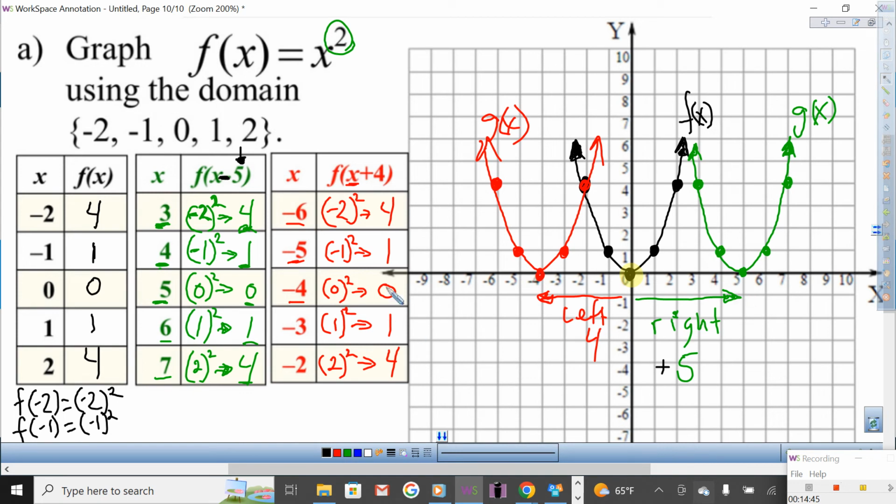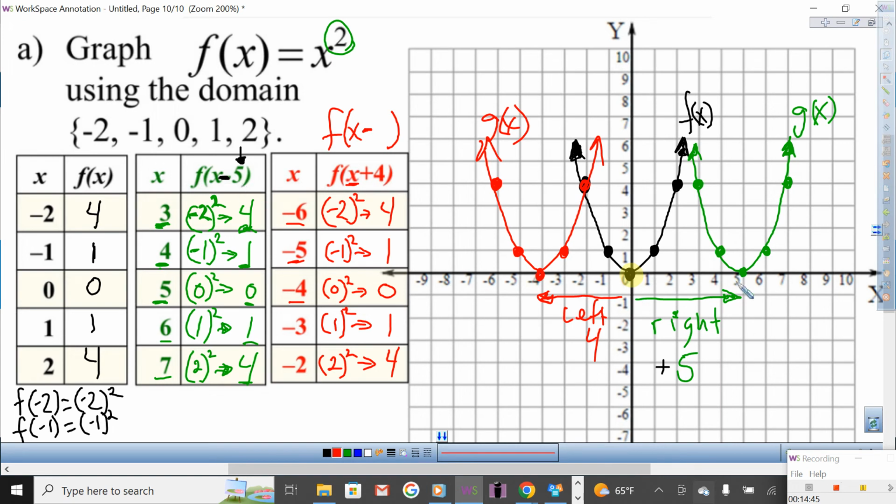Okay, you're saying, so what about this one, Mr. Q? Well, this one, it's a little bit different because now we have a positive here. So let me write it to make it look like this. F of x minus blank. So if I was to use the same format, here they substituted a positive 5.